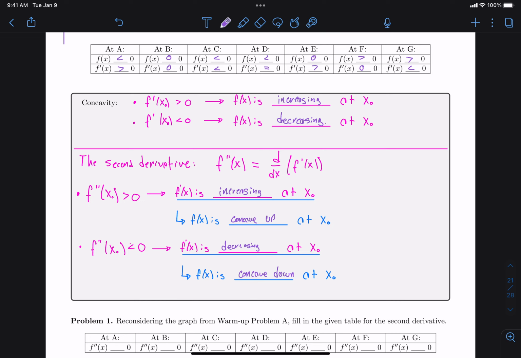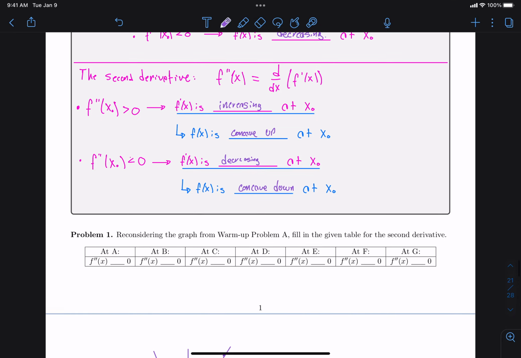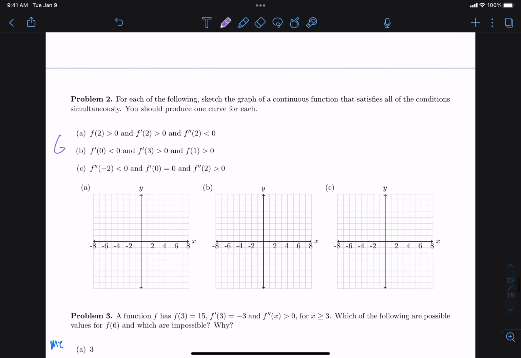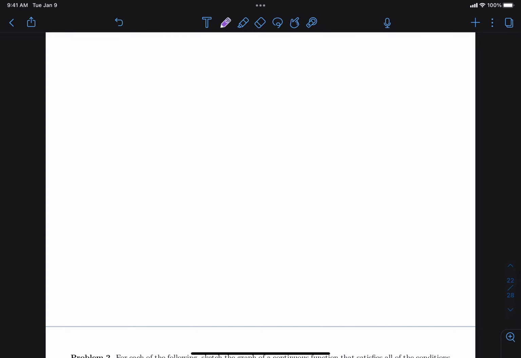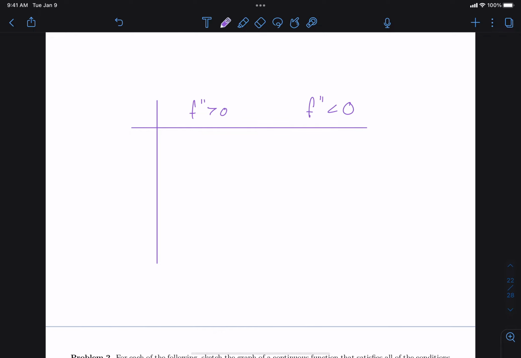Oh, plenty of time. All right, so maybe I want to do a quick table here because I want to show you that again, the positivity or negativity of the second derivative does not necessarily have anything to do with the positivity or the negativity of the first derivative.